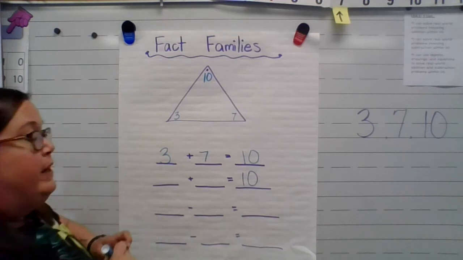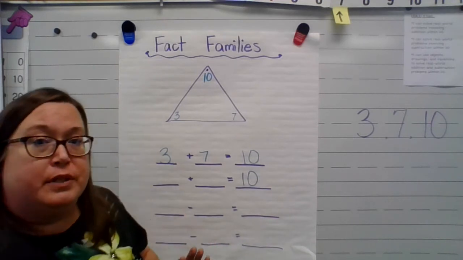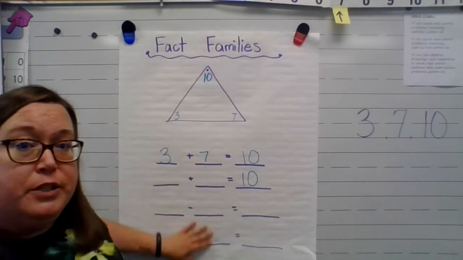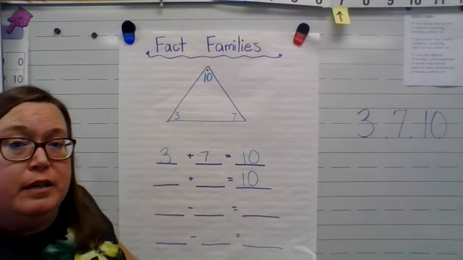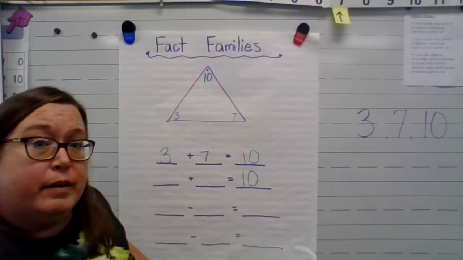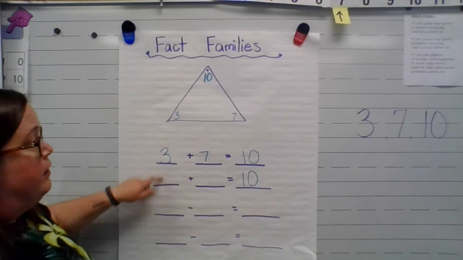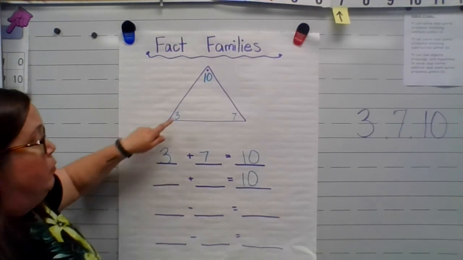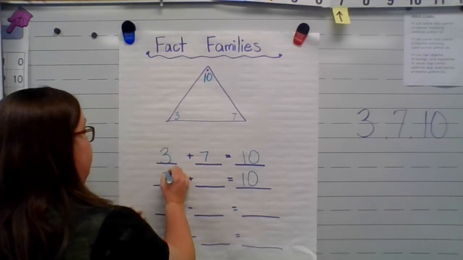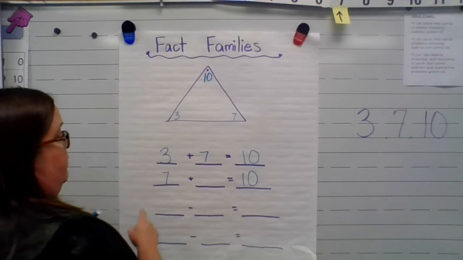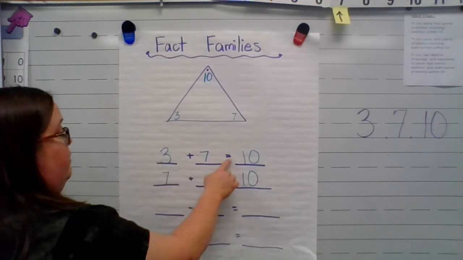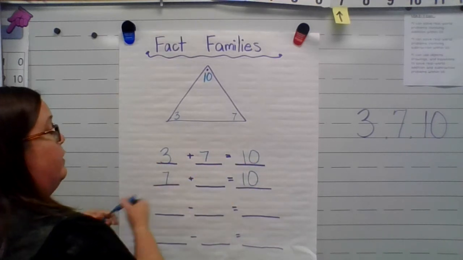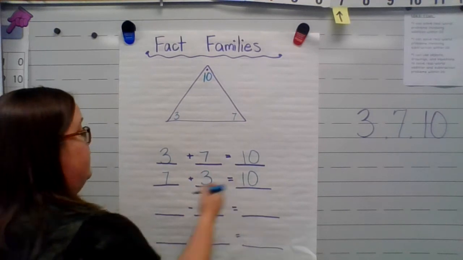Now, we can only use the numbers in this fact family to do these number sentences. We've already put the 3 first, so we're going to put the 7 first. So instead of 3 plus 7 equals 10, it's going to be 7 plus 3 equals 10.